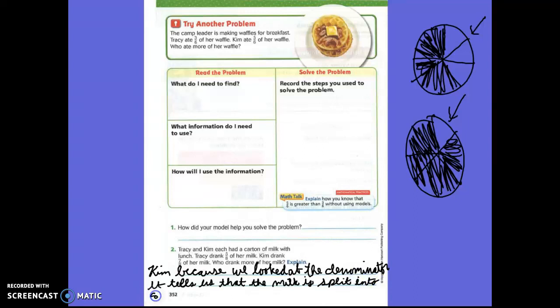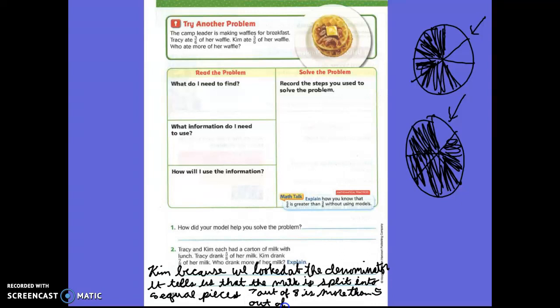Let's say 8 equal pieces. Seven out of 8 is more than 5 out of 8.